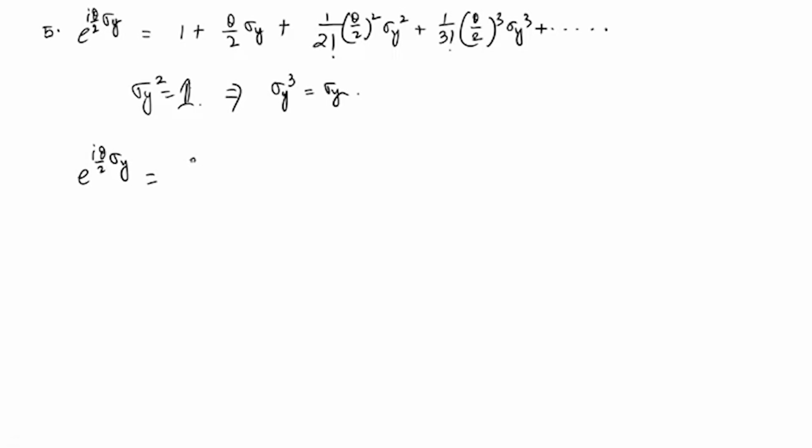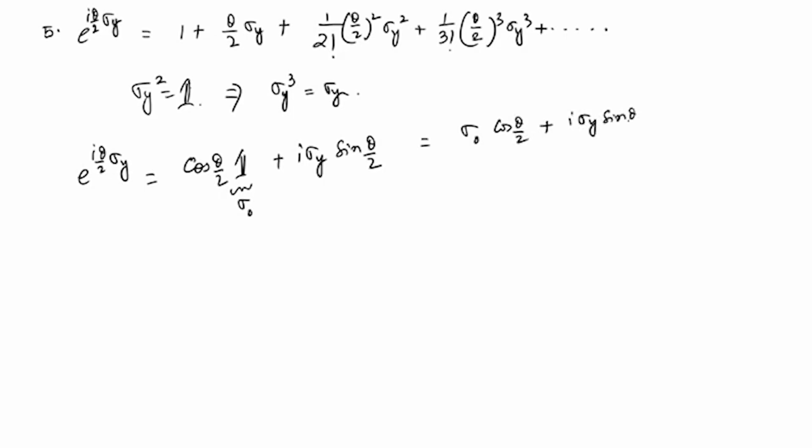So this is cosine theta by 2 multiplied by this 1. This 1 is often called sigma 0, that is the identity matrix, plus i sigma y sine theta by 2, because the odd powers will give you a sigma y and will give you the expansion of the sine function. So this is nothing but sigma 0 cosine theta by 2 plus i sigma y sine theta by 2. Okay.